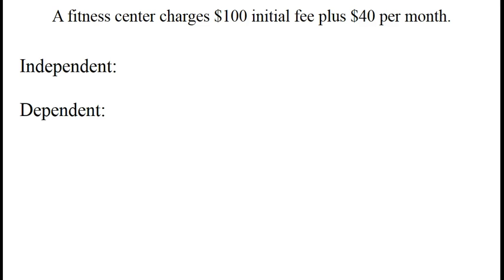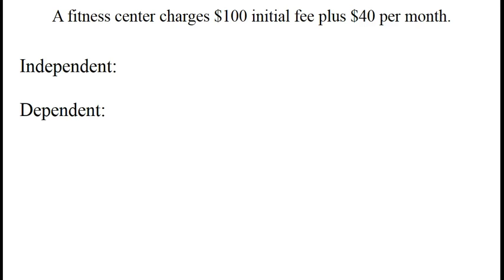A fitness center charges a $100 initial fee plus $40 per month. I want you to determine my independent variable, my dependent variable, and then write this situation in function notation. Alright, independent variable, dependent variable. What action depends on another action? One of my variables here is going to be our total cost.